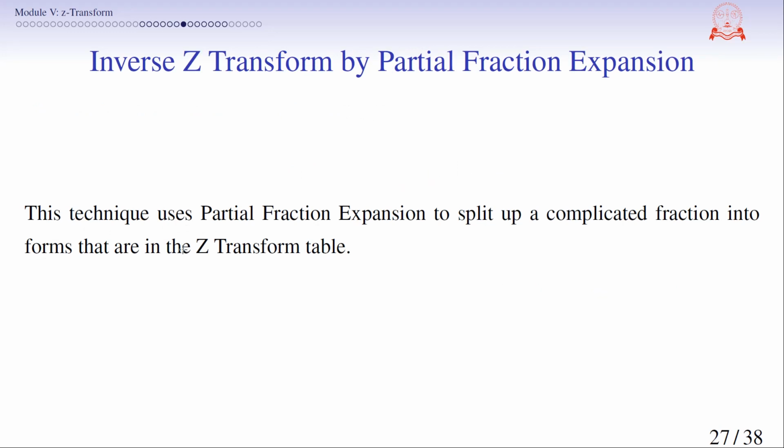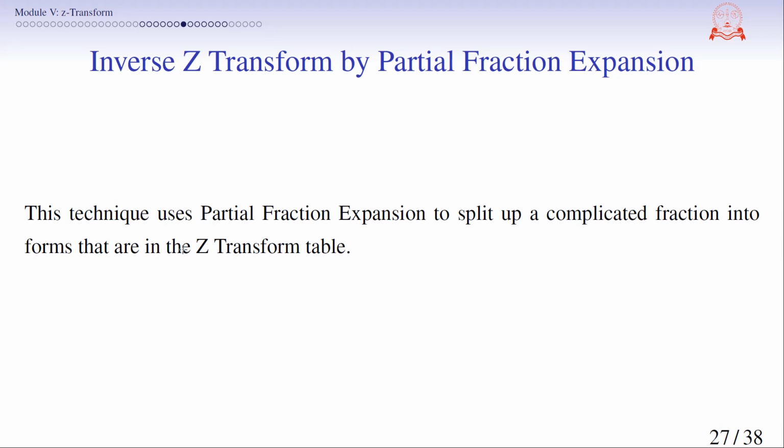So next is inverse Z transform using the partial fraction method. In this technique, the complicated fraction is split up into simpler fractions of the forms that are denoted in our Z transform table.